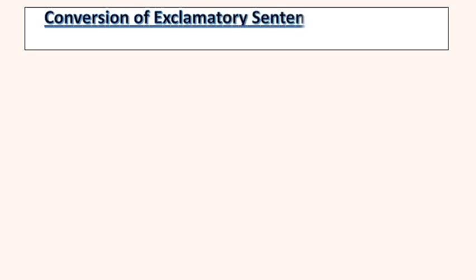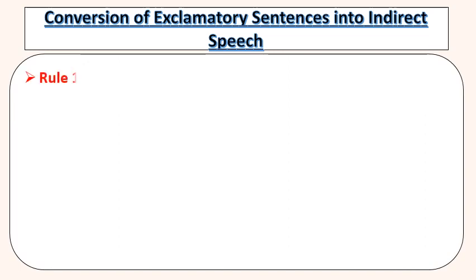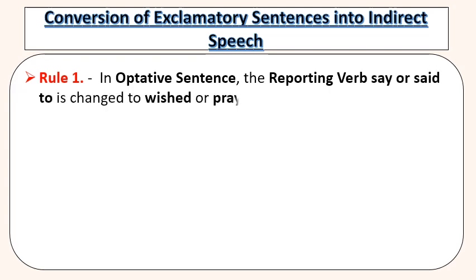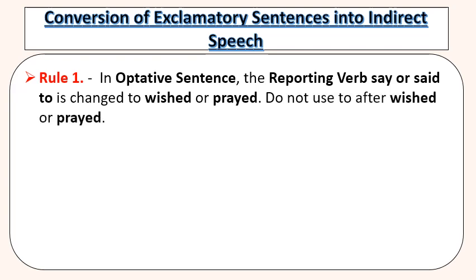So now let us see the steps for how to change an exclamatory sentence from direct to indirect speech, or conversion of exclamatory sentences into indirect speech. Rule number 1 is, in optative sentences, the reporting verb say or said to is changed to wished or prayed. Don't use to after wished or prayed.